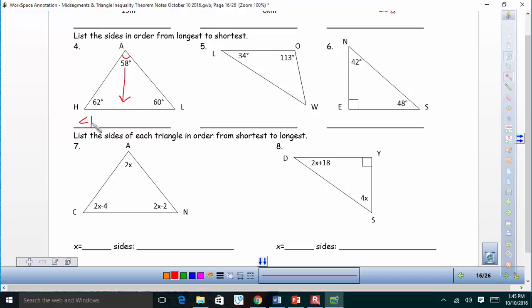HL. So HL would be the smallest side. Then which one comes next? 60, which is across from HA. So my biggest side would be AL. I didn't mean to put that angle at the very beginning.